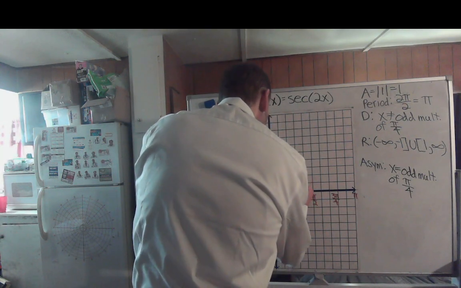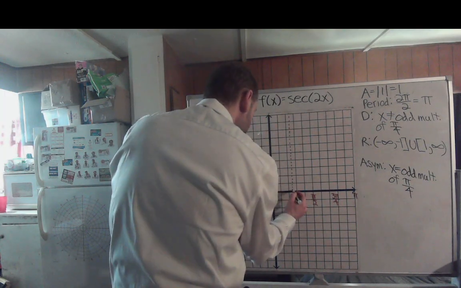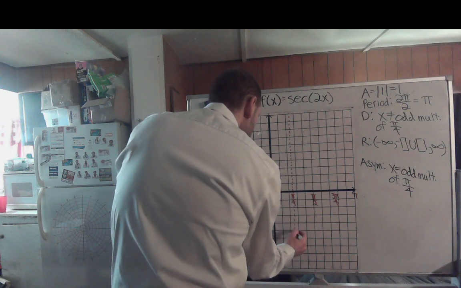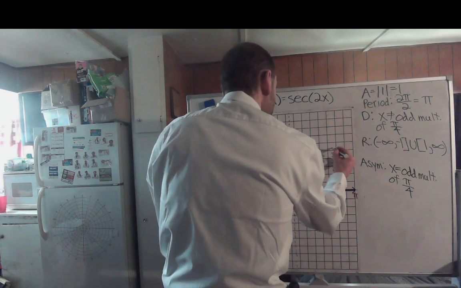So you're going to begin to see how this is going to work. So yes, whatever you divide your period by, that's what you can divide your asymptotes by to get your asymptotes and your domain. That's a very nice, easy trick.